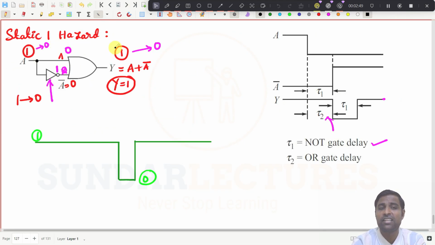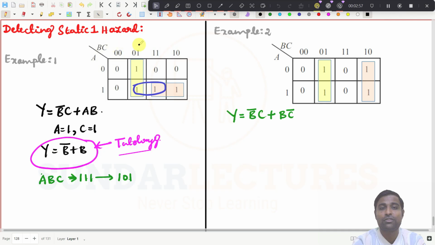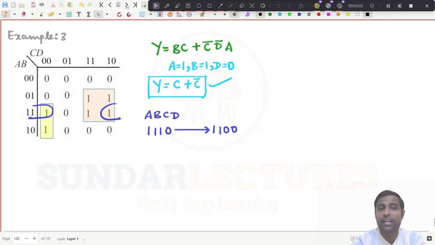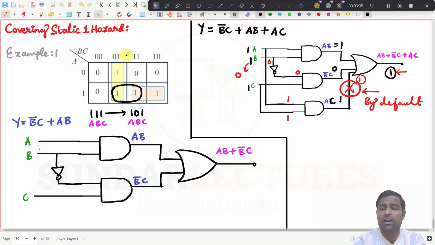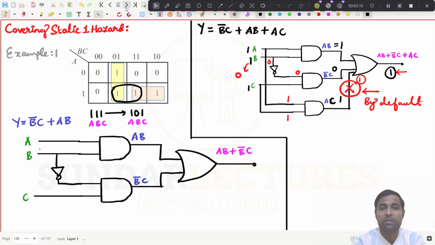And then we have seen static one hazard and how it happens because of the propagation delay of the logic gates. And we have also taken an example of how to detect the static one hazard, and we have taken 2-3 examples, and we have also covered how to eliminate the static one hazard by putting an extra group in the Karnaugh simplification.